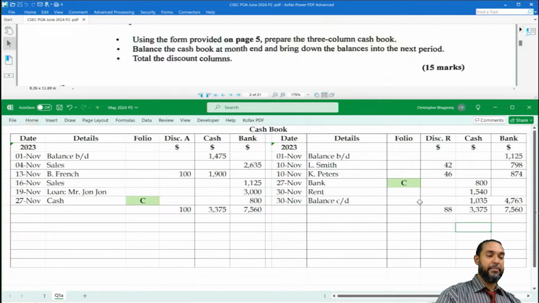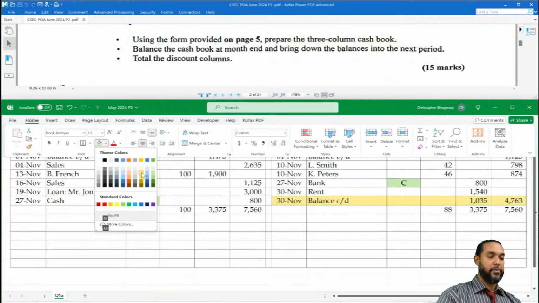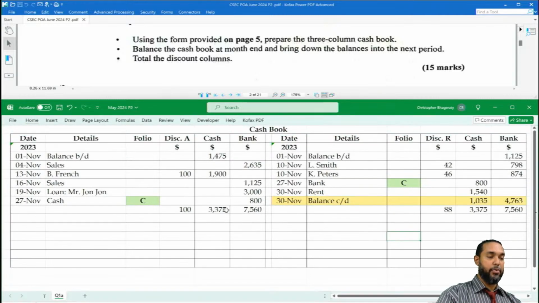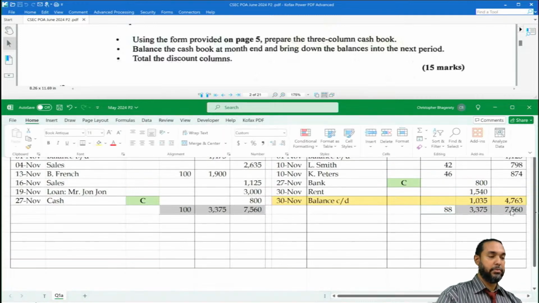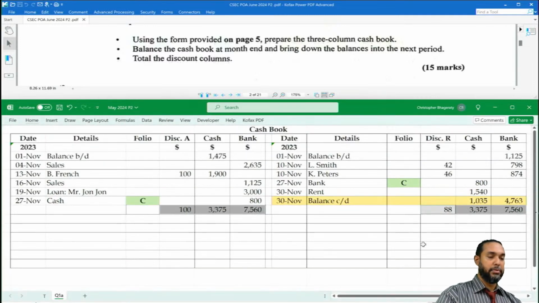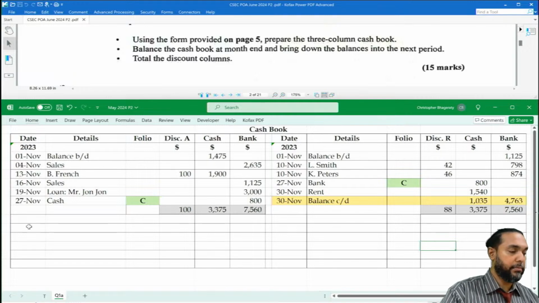And now when you have the balances in, right, you'll notice that the totals now match up. Right? And you bring your balance on next time.